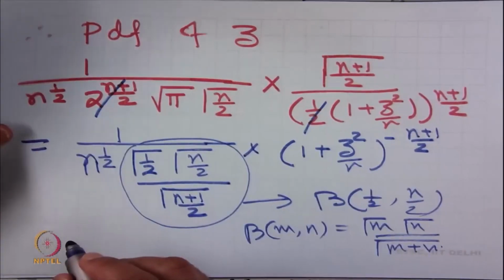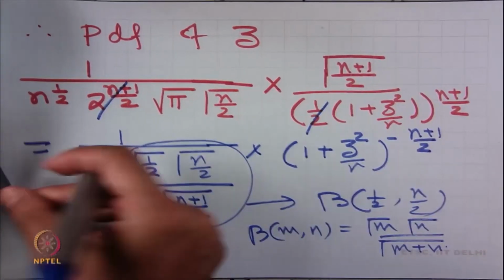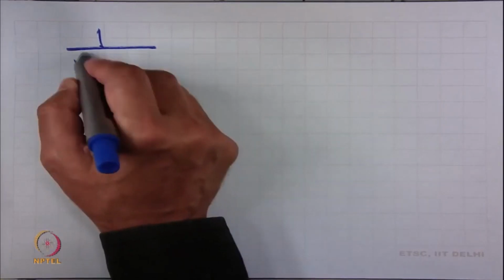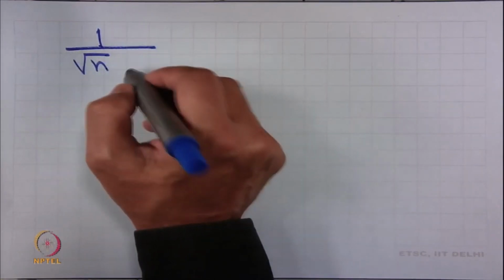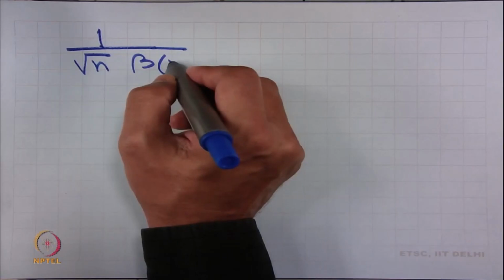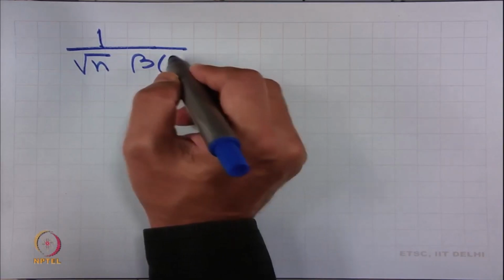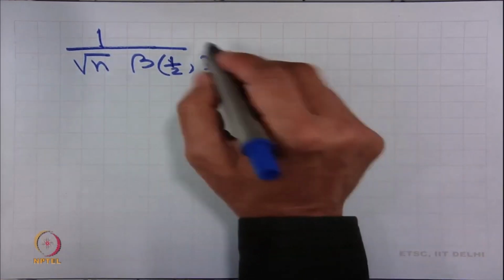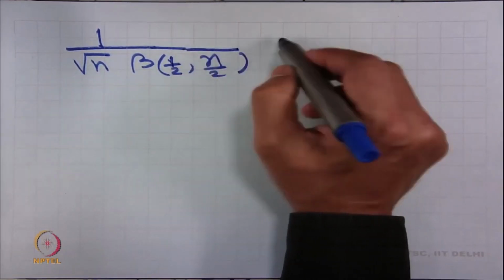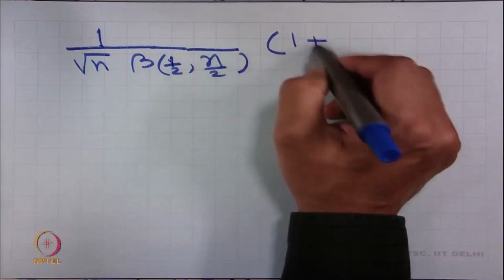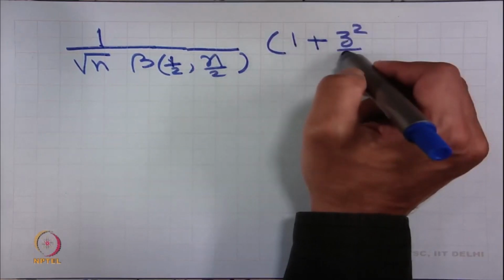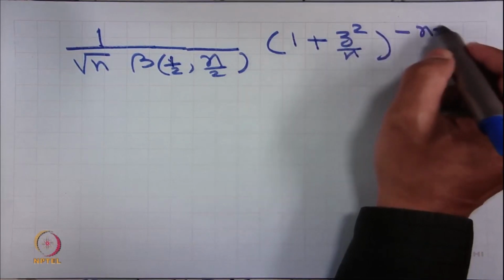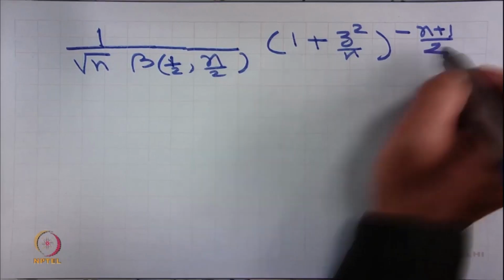Therefore, this can be written as 1 over root n, beta half comma n by 2, multiplied by (1 plus z square by n) whole to the power minus (n plus 1) by 2.